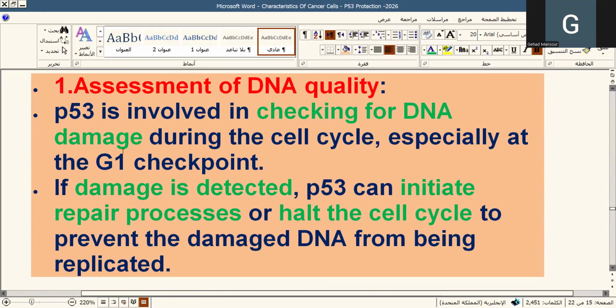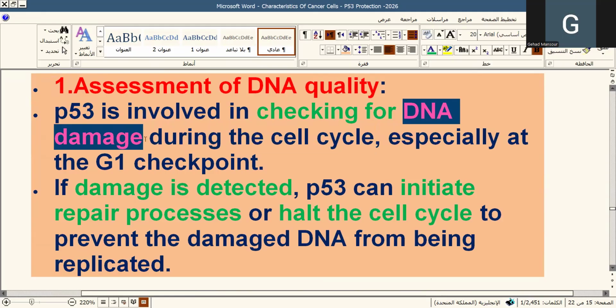Actually, P53 is helped, as we said in the previous video, by a sensor protein, and that sensor protein binds with DNA and detects the DNA abnormality and activates P53 to bind with the damaged DNA and activate an inhibitory protein.